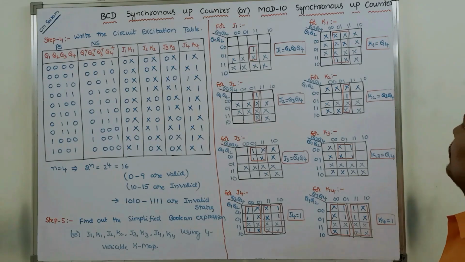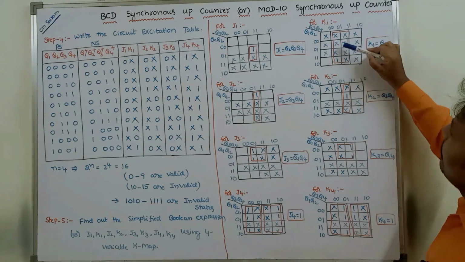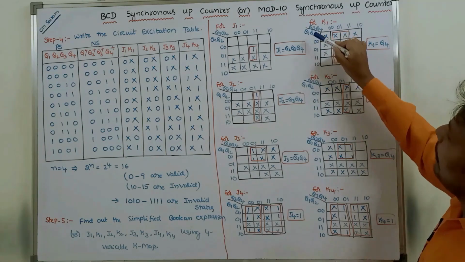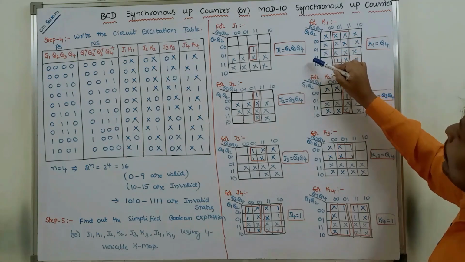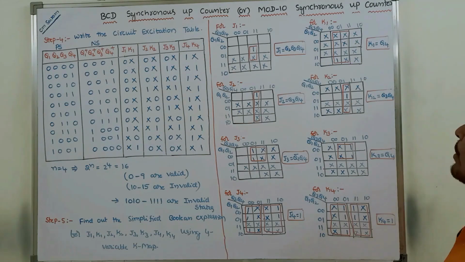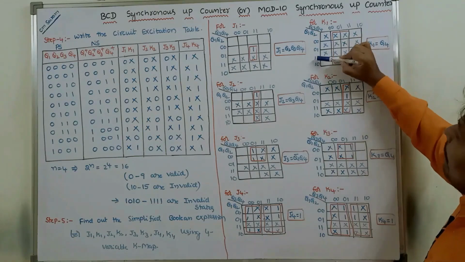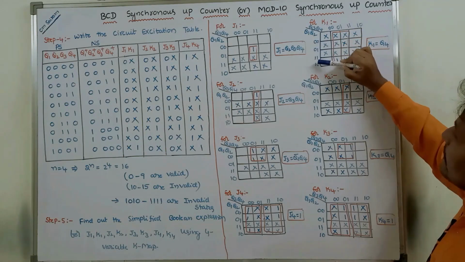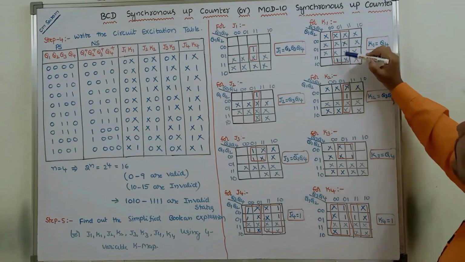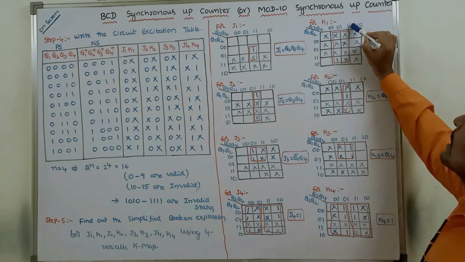Now, what is the expression we are getting? For this oct, on the horizontal side, the first digit belongs to Q1. It contains a combination of zeros and ones, so we ignore them. The second digit belongs to Q2. It contains a combination of zeros and ones, so we ignore them. On the column side, here 0, 1, 1, 1 is there.